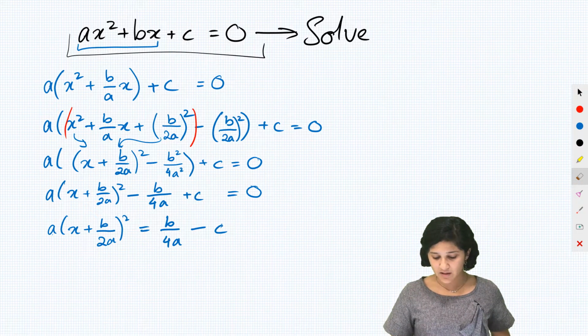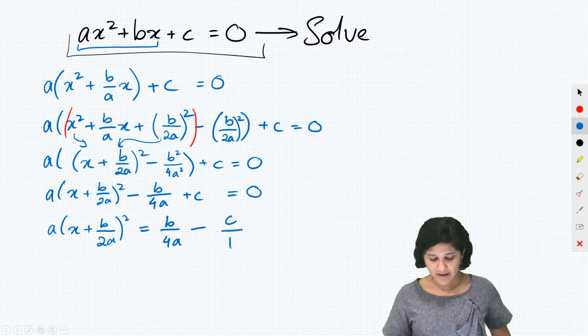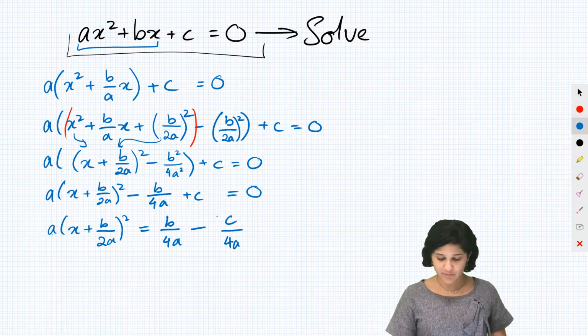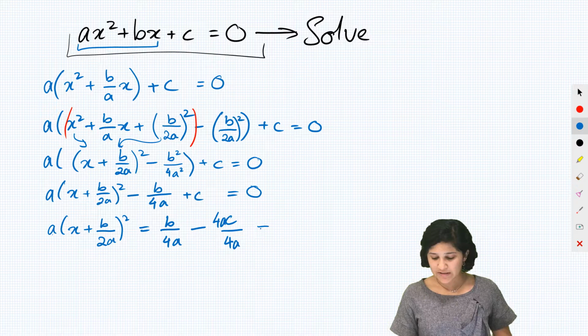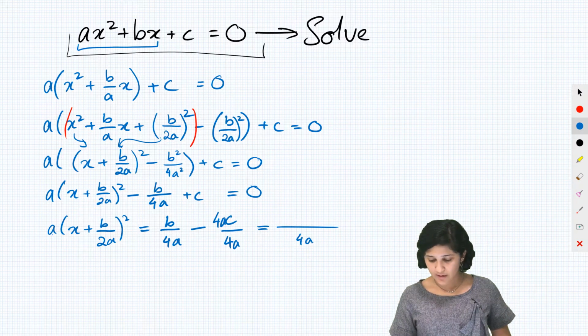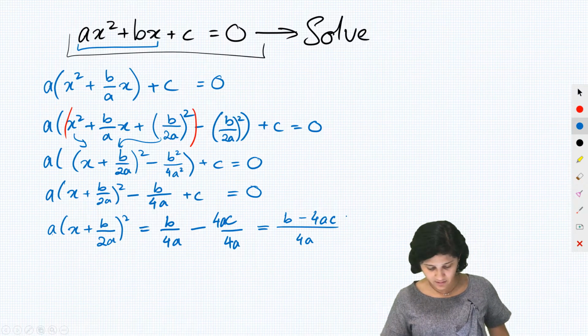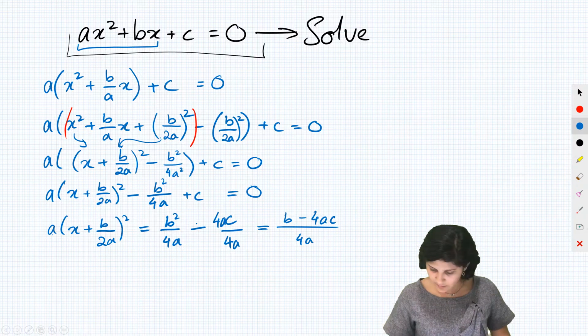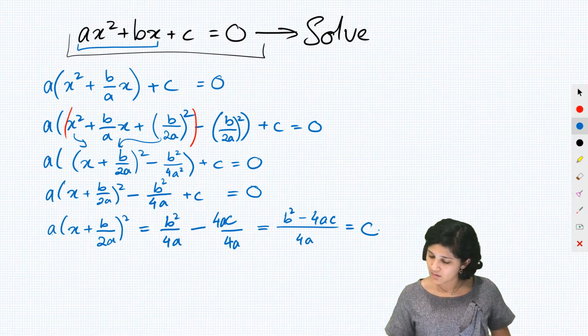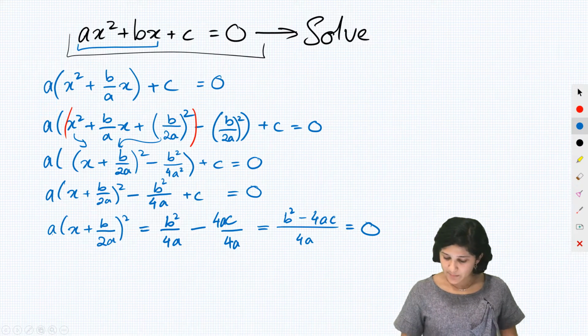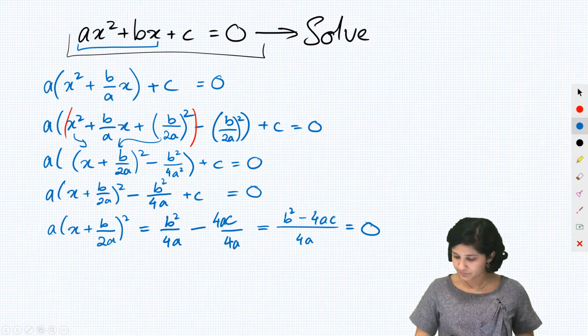So instead of c, I can have c over 1, and then if I multiply top and bottom by 4a, then I'll have a common denominator. So 4a here, 4ac, and 4a, which means that that's now 4a on the bottom and b squared minus 4ac here. Oh, and I forgot the square.